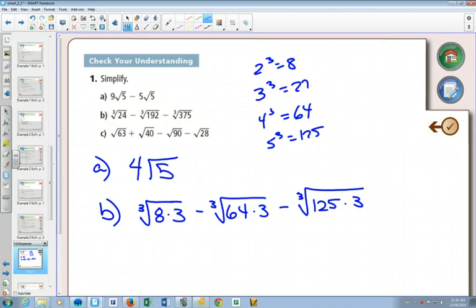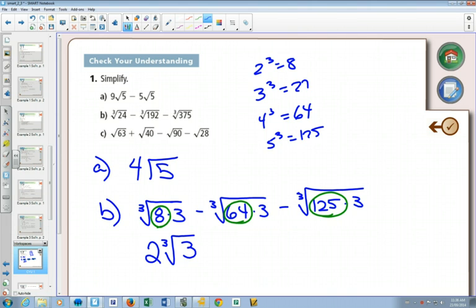Now, the reason we're checking those numbers is because we know the cube root of 8. We know the cube root of 64, and we know the cube root of 125. So I can bring this out. The cube root of 8 is 2, and I would be left with the cube root of 3 inside. And this is a mixed radical, and it's telling me which family I'm dealing with here.